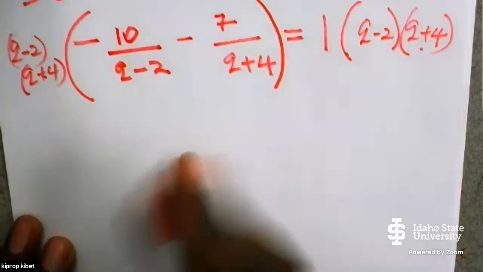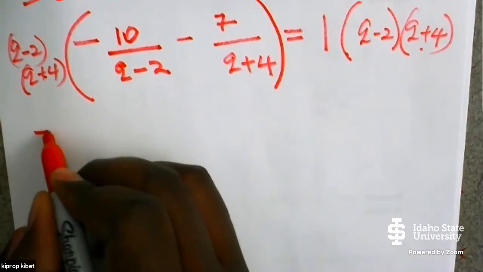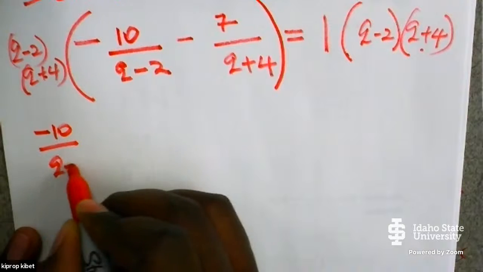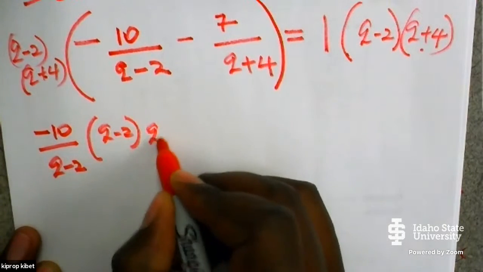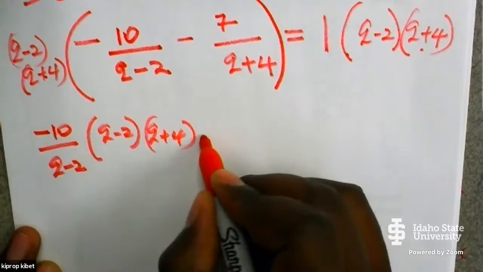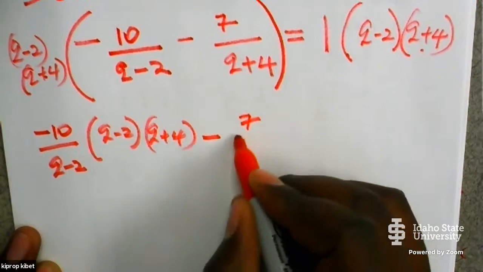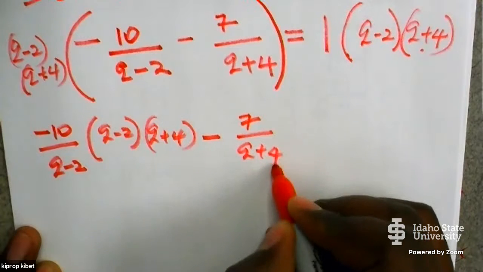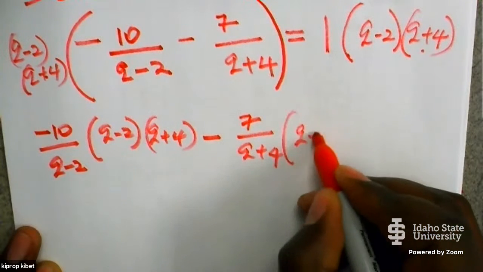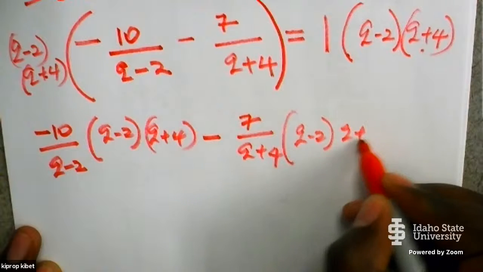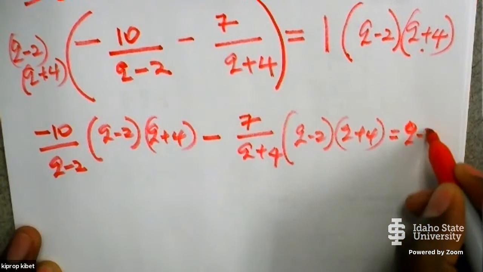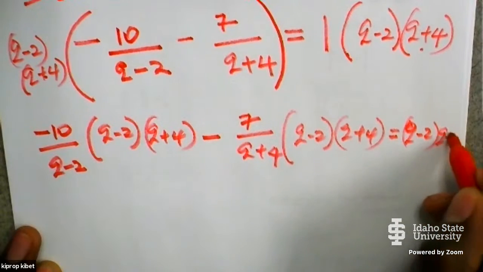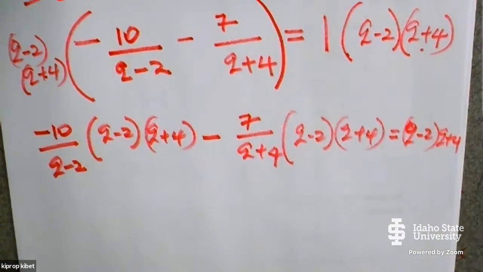When you open these brackets, it will be minus 10 all over q minus 2, multiplied by (q minus 2)(q plus 4), minus 7 all over q plus 4, multiplied by (q minus 2)(q plus 4), equals (q minus 2)(q plus 4).